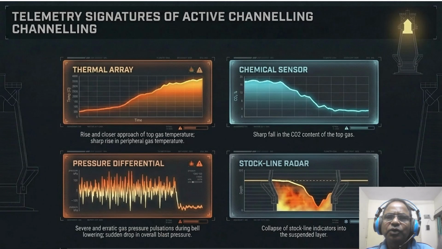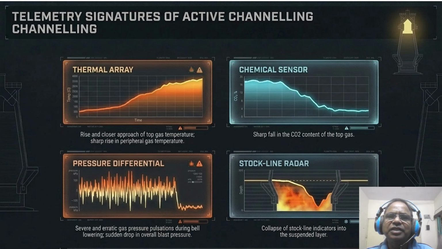Bottom left, look at the pressure differential. Those wild erratic pulsations are the furnace breathing irregularly. Finally, the stock line radar on the bottom right shows the burden surface collapsing into a suspended layer.